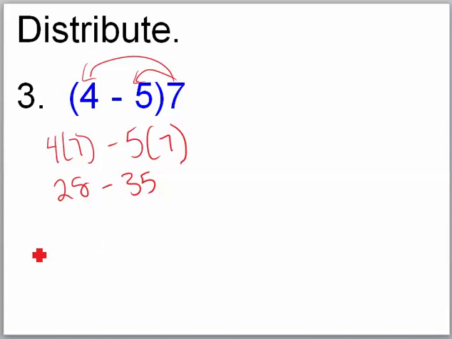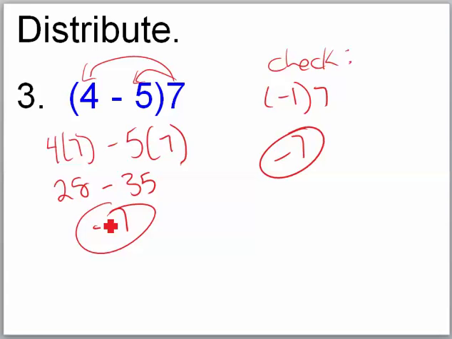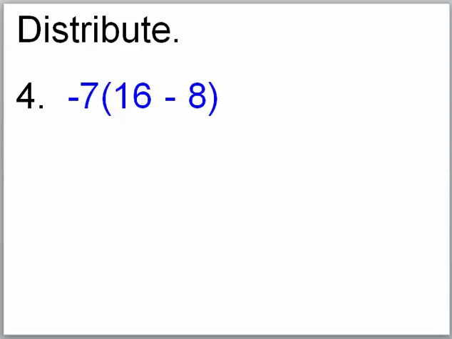So that didn't work. 28 minus 35 is a negative 7. And let's see if that's what we'd have got with our check. Negative 1 times 7, yep, sure enough, it's negative 7. Same.